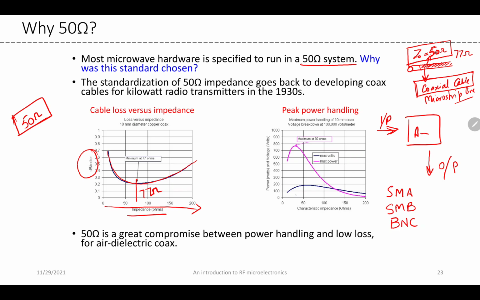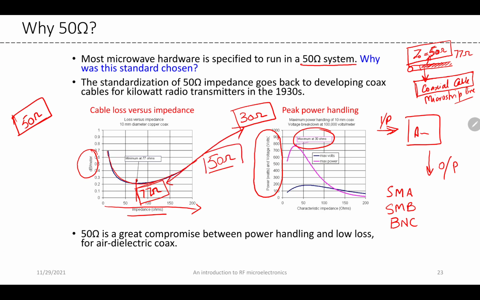And if you have a characteristic impedance of 30 ohms, then the power handling capacity of that cable is the highest. So it can handle the highest power at 30 ohms, and it has the lowest loss at 77 ohms. So that's why a number between these two was selected to offer a good trade-off between loss and power handling.